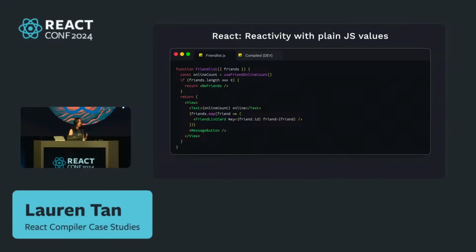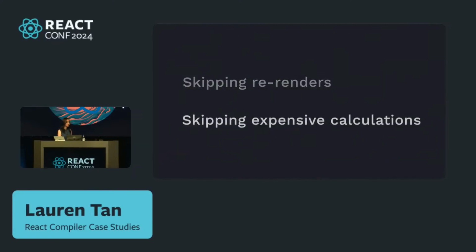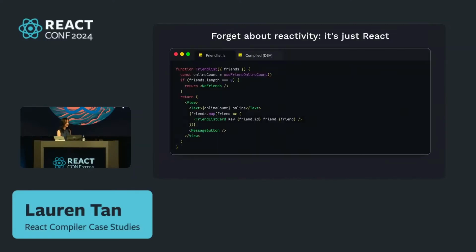But the compiler now automatically adds just the right amount of reactivity, and it makes updates fast by default. So in React, you describe your UI using plain JavaScript values, and the compiler automatically takes care of reactivity and performance for you. So you can forget about reactivity, and what you're left with is just React. Yay.